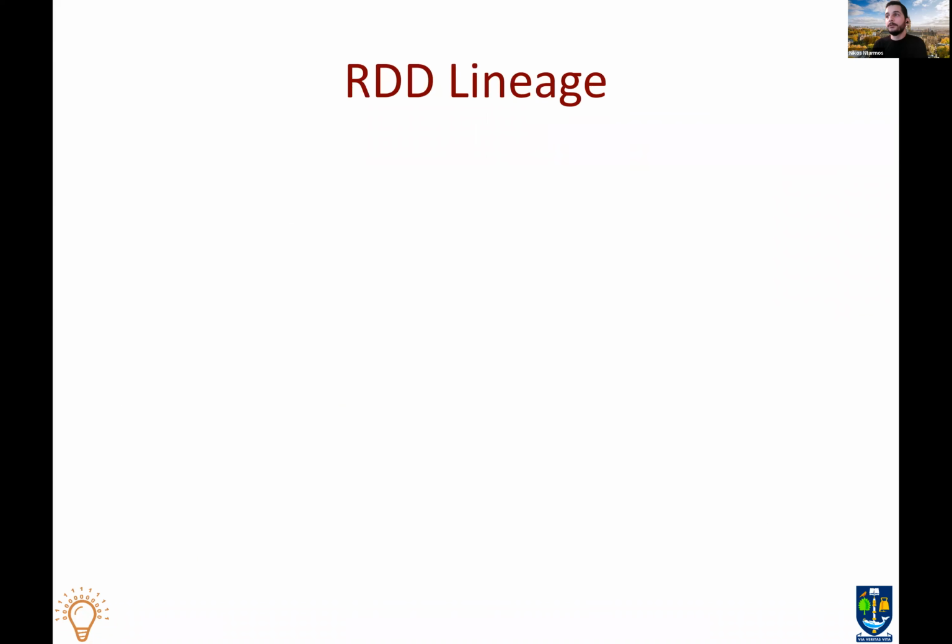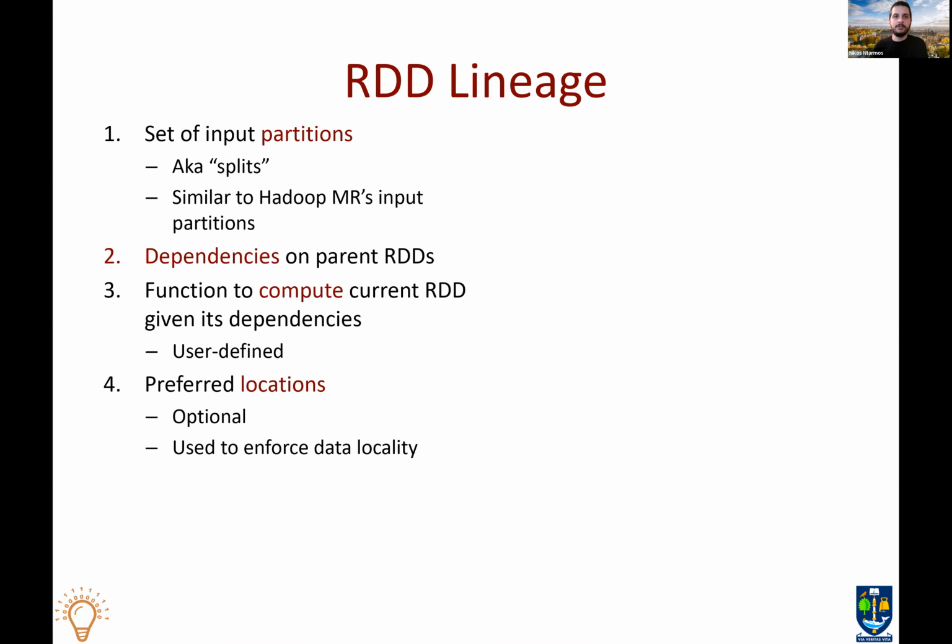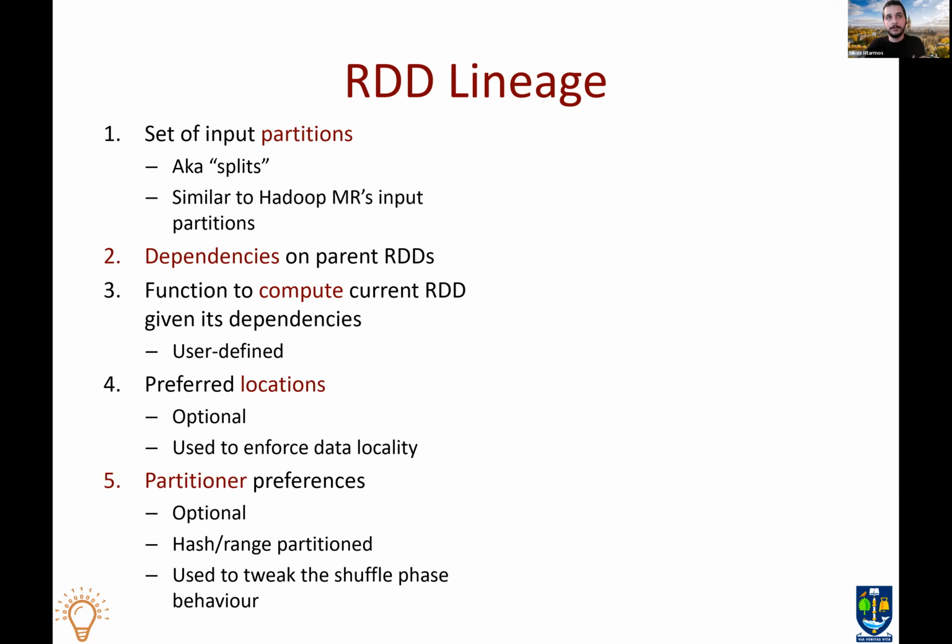Right. So let's see what this RDD is all about, this lineage. The RDD lineage records these things. First of all, input partitions. It records what the splits are, and these are equivalent or similar to Hadoop MapReduce's input partitions. So what do we need to know for every partition?